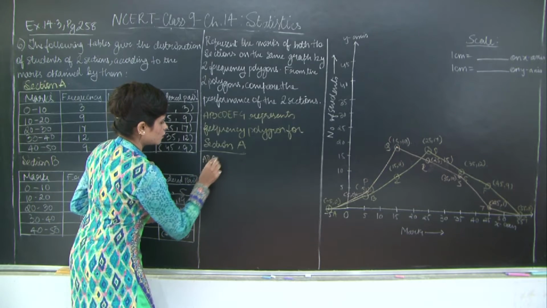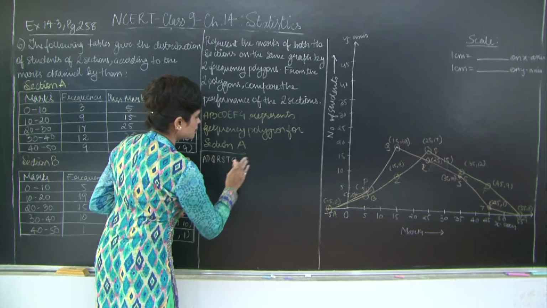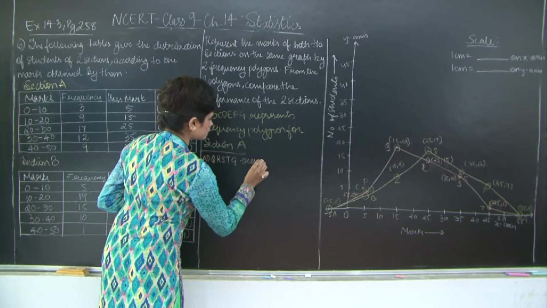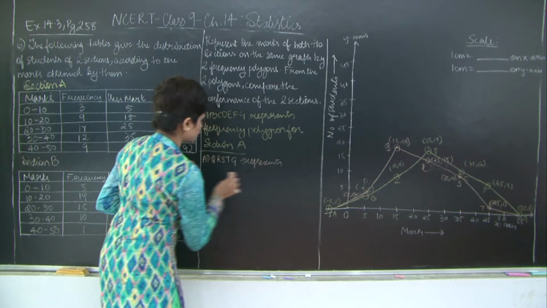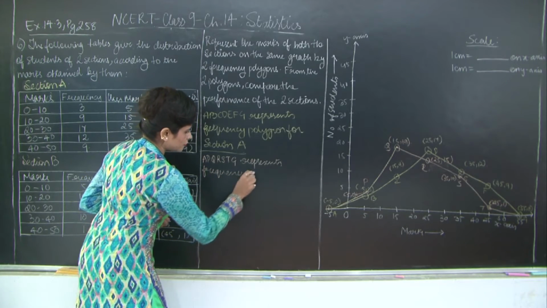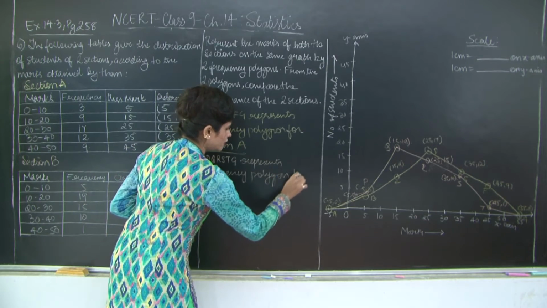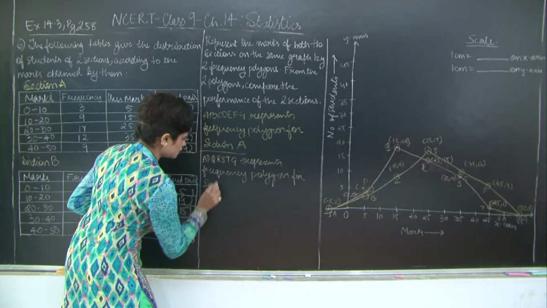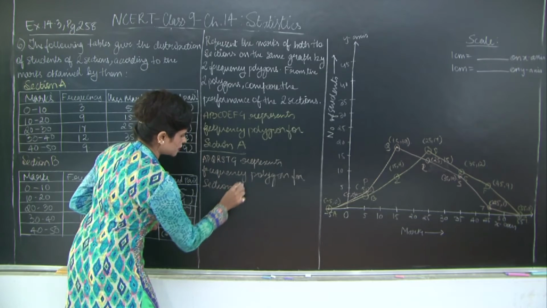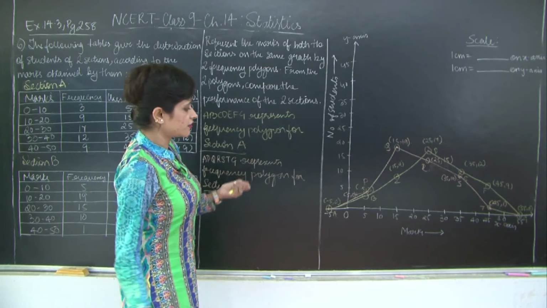A, P, Q, R, S, T, G represents frequency polygon for section B. And we are missing the scale, so let's write down the scale.